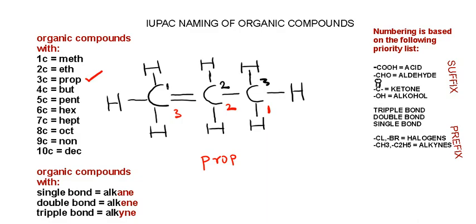You can see that triple bond supersedes double bond, while double bond supersedes single bond. Now, since we have a double bond and a single bond, we are going to choose the double bond because double bond supersedes single bond. And double bond belongs to organic compounds called alkenes.